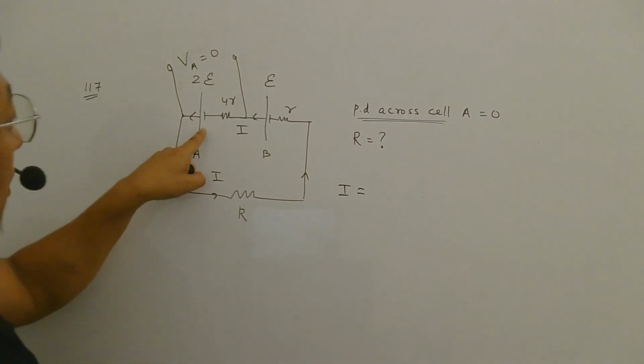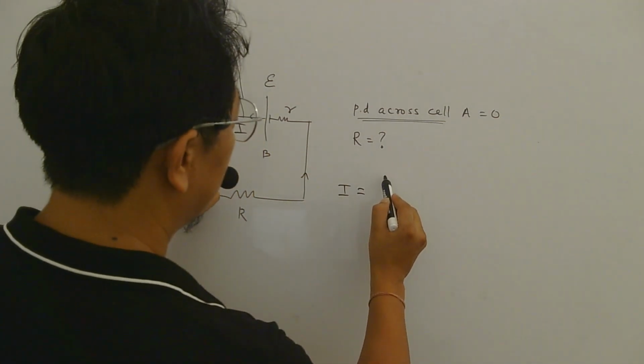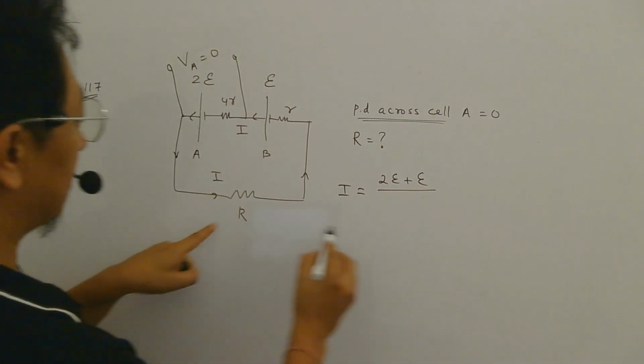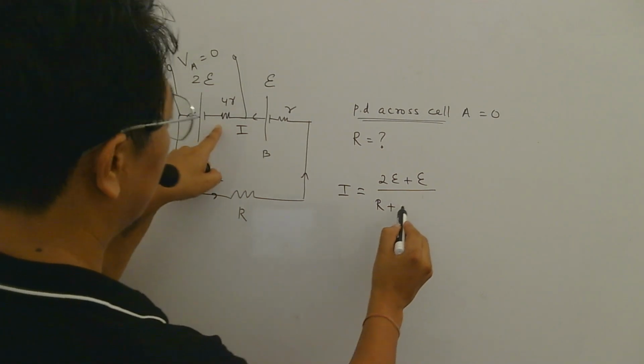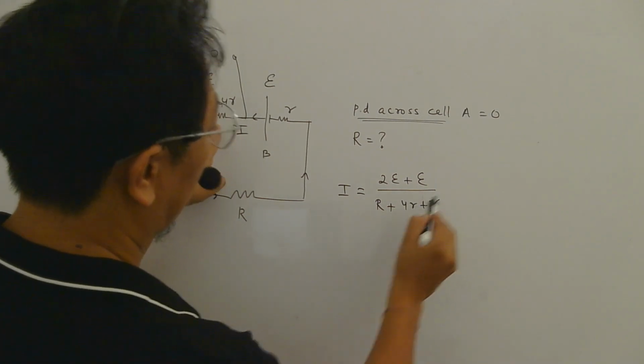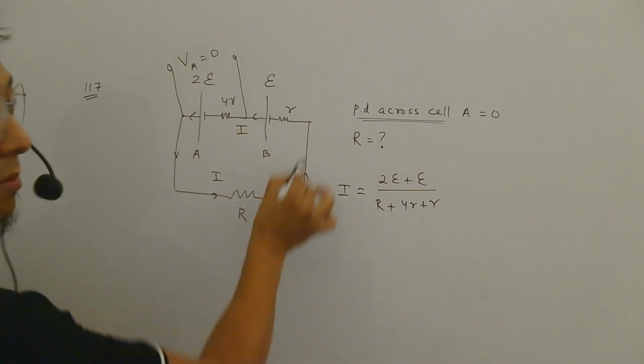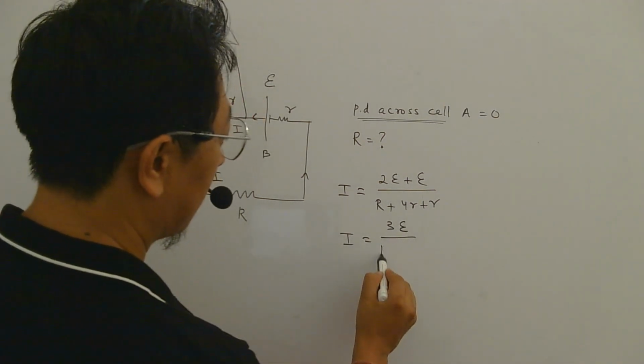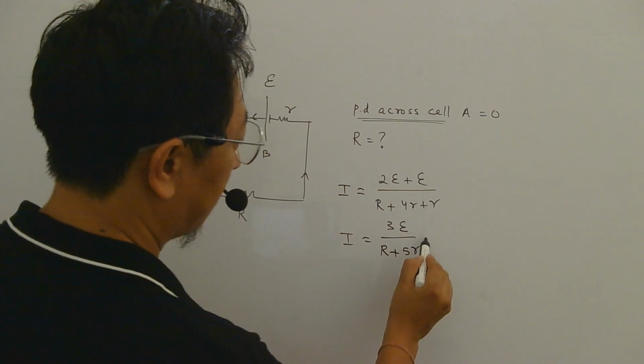Total EMF. Now they are in series, so total EMF is 2E plus E. And total resistance is R plus internal 4R plus R, right? Everything here is in series, remember. So that will be 3E divided by R plus 5R.